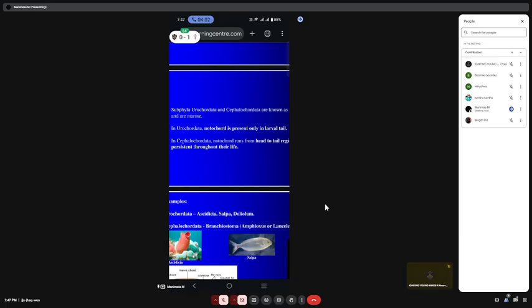The notochord is present only in the larval stage, so it is called Urochordata. Later, when it reaches the adult stage, it will disintegrate and be reduced.